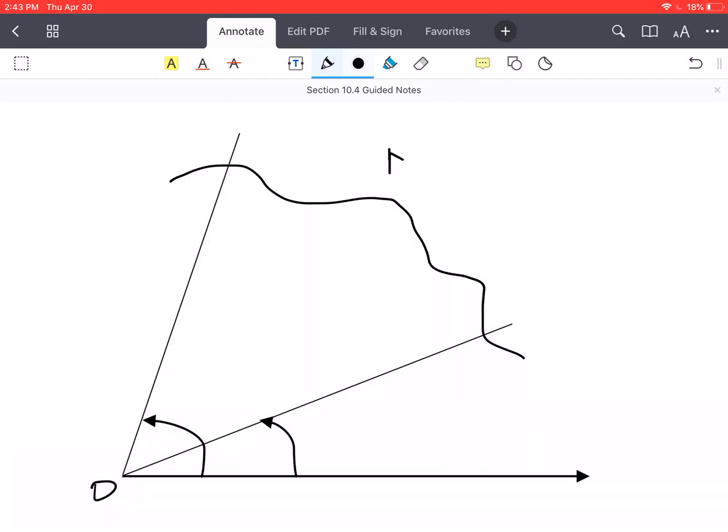R is a function of theta, because the value of r, the radius from this origin point down here, changes with the function. It's not a circle. If we want to determine the area of this region R in here, then we're going to need the area from this theta value, which we're going to call A, to this theta value, which we're going to call B.